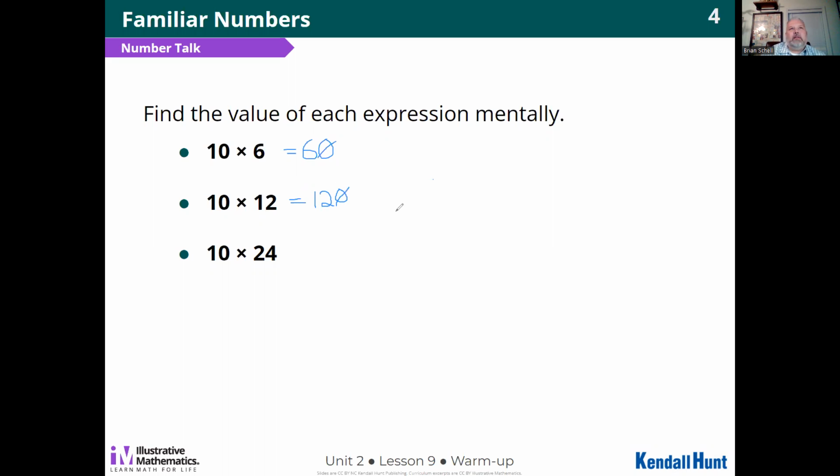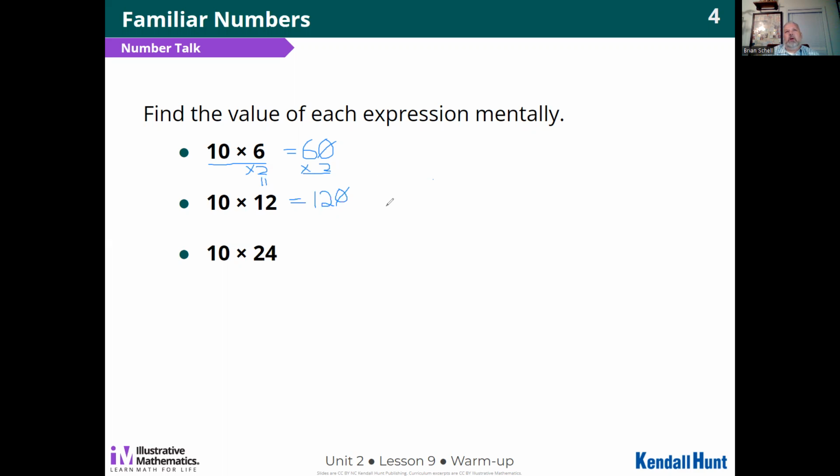So 120, how can we get to 120? What's the simplest way if we did not know 10 times 6? I think our easiest way, since we doubled our 6 to get to 12, is to just double our 60.